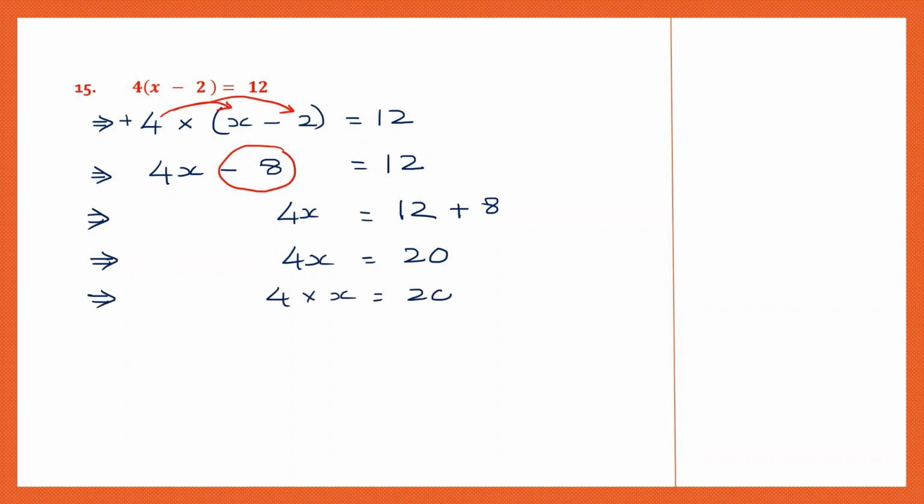So now we're going to find the value of x. X is equal to 20 divided by 4. We transposed 4, which is multiplication, to the right hand side. It's become division. 20 divided by 4. 4 5s are 20. So we have found the value of x. X is equal to 5.